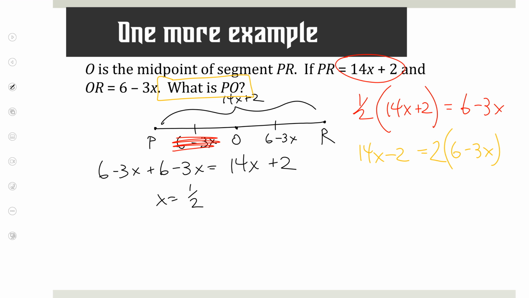Well, I do now because Riley told us at the beginning. There's a reason why I asked you for the length of PO, because I want you to recognize the fact that PO is equal to OR. So what I would do is come over here and do 6 minus 3 times 1/2. And that's 3 halves from 6 is 9 halves. And there's my value. If that's 9 halves, that must also be 9 halves.